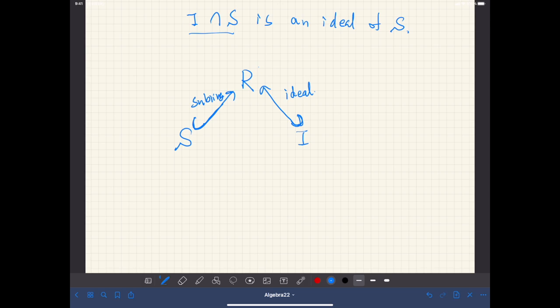S cap I is a subset of S and a subset of I, and we are saying I cap S is an ideal of S.